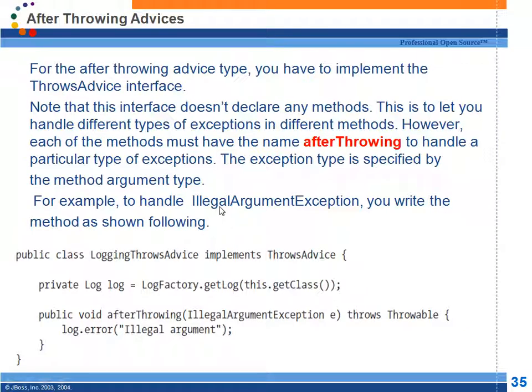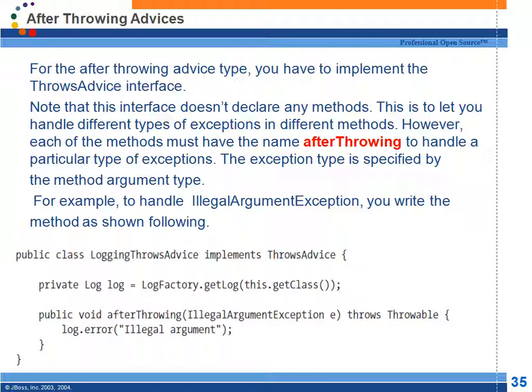So the next thing, after throwing advice, means this will be executed only if an exception is thrown. So you have to implement throws advice and you have to write a method like afterThrowing. Let us write it. There is one small thing which you need to understand here.